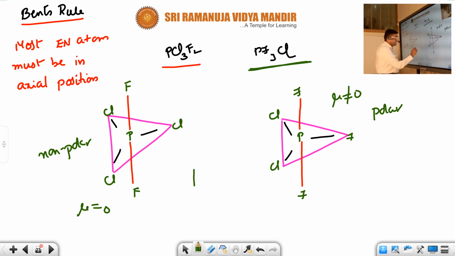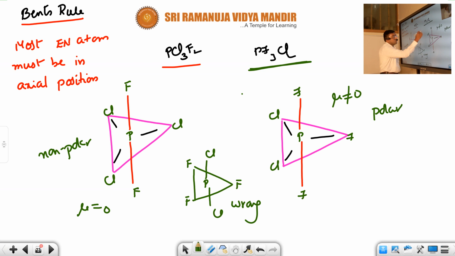This is 100% wrong, and this is right, because you have to follow Bent's rule, or it is also called Drago's rule. Very very important.